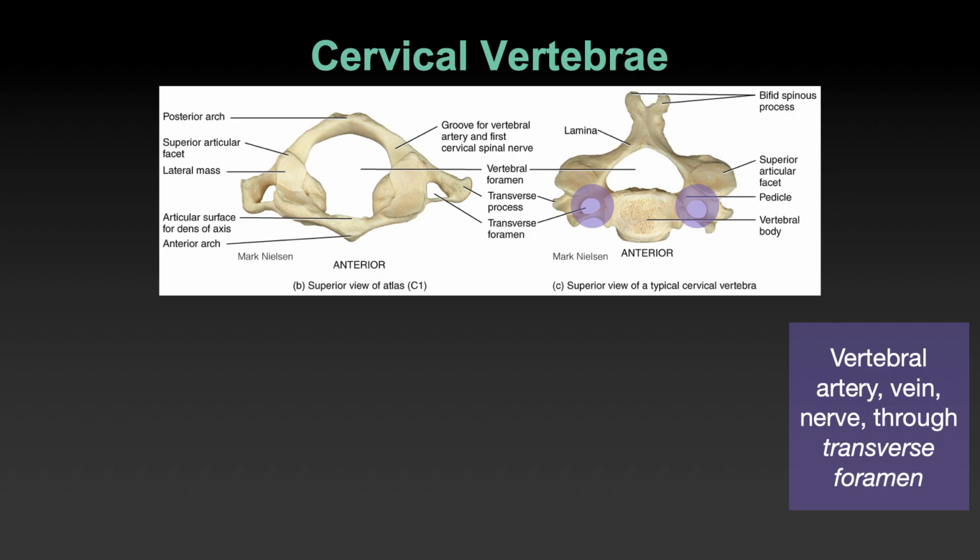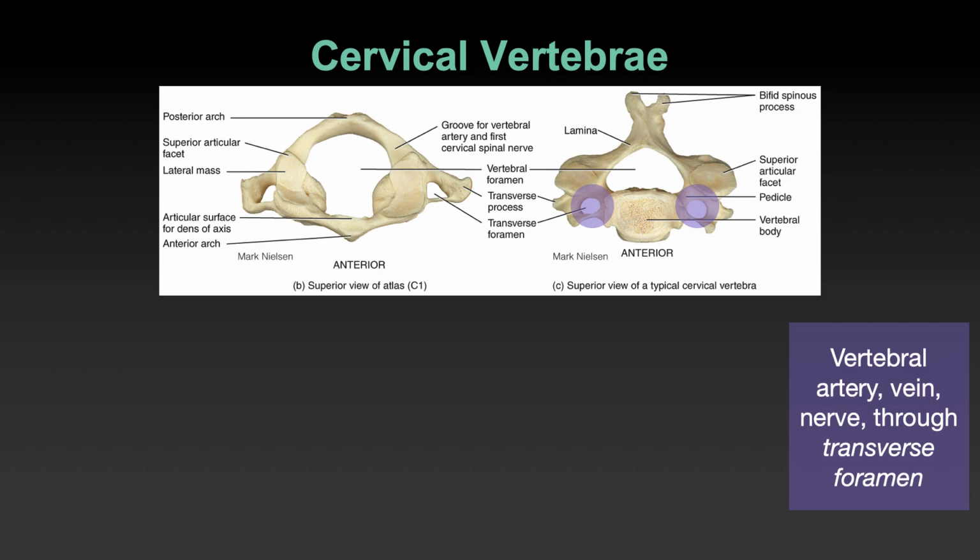So if you can't identify the bifid spinous process, this is another way to identify these vertebrae. The majority of these, 5 or 6 of them, will have this structure. The two most superior are different.